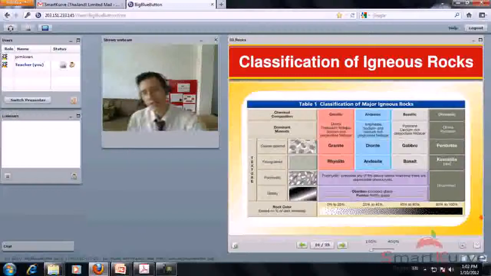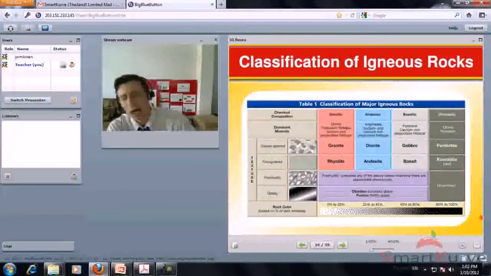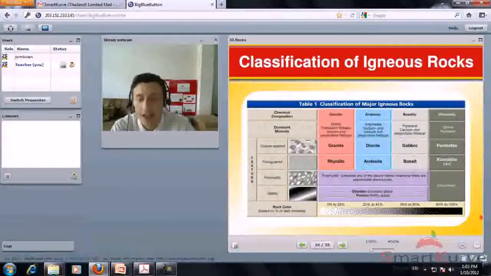Down the left side of that table, we see the different types of texture, ranging from the very coarse-grained rocks like granite to that glassy obsidian. And then going across the top, we see the different chemical compositions.